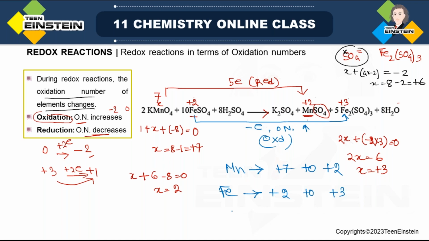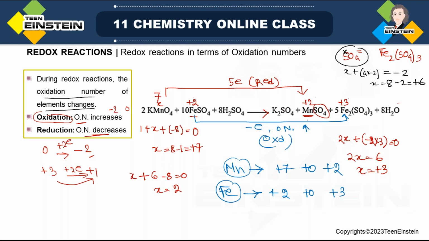So the electron that is lost by iron is actually gained by Mn. That is why both the reactions are happening simultaneously, and we will also see later that the same number of electrons lost by iron will be gained by Mn.